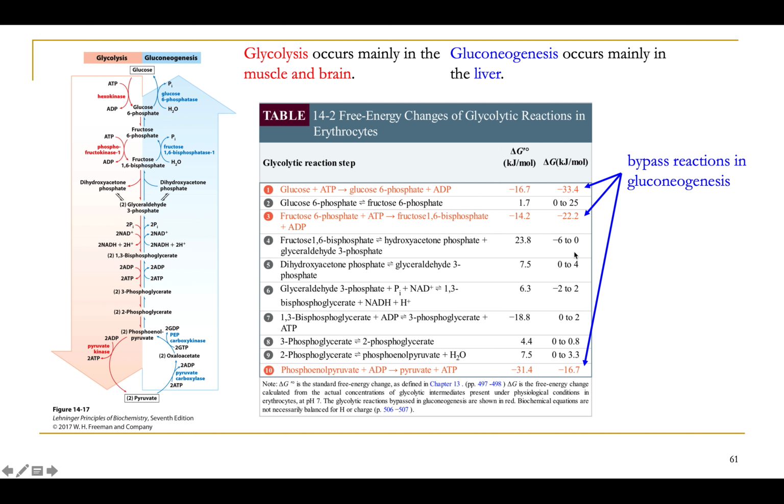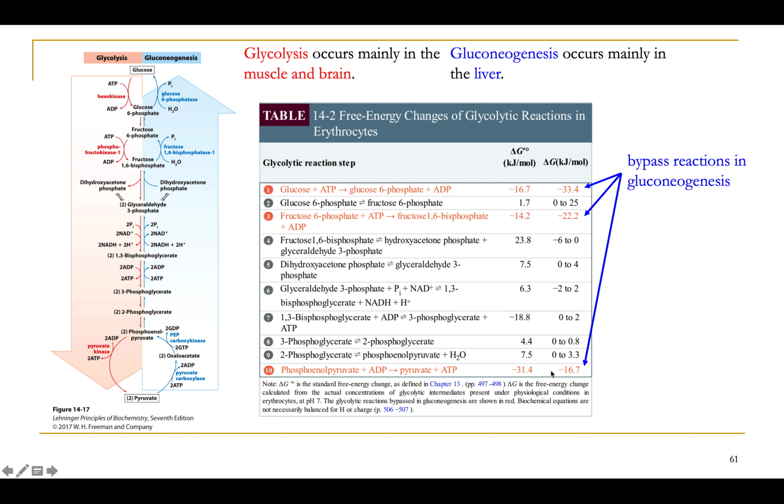They are catalyzed by same enzymes and these are the same reactions. However, there are 3 steps which allow glycolysis to occur in one direction where energy drop is highly negative. And these steps are different in gluconeogenesis pathway. These are called bypass steps. So they are catalyzed by separate sets of enzymes and they're separately regulated.